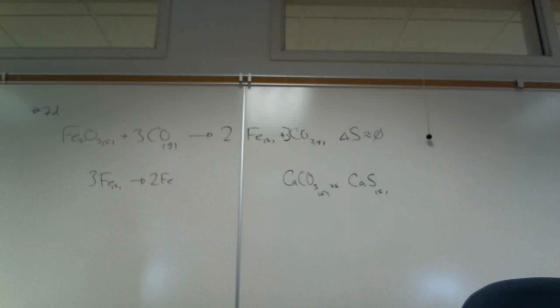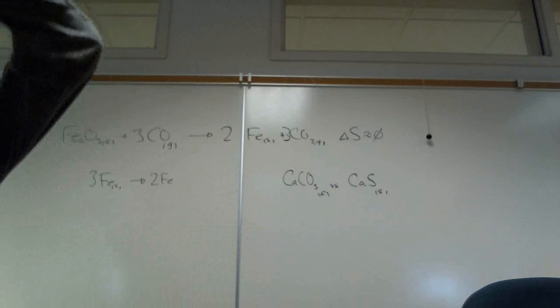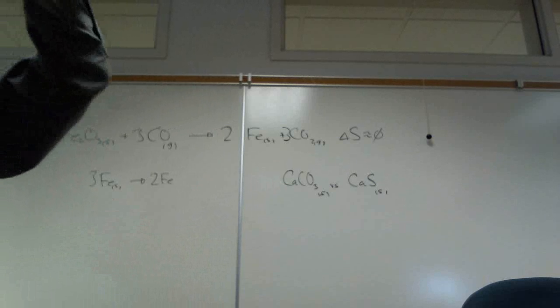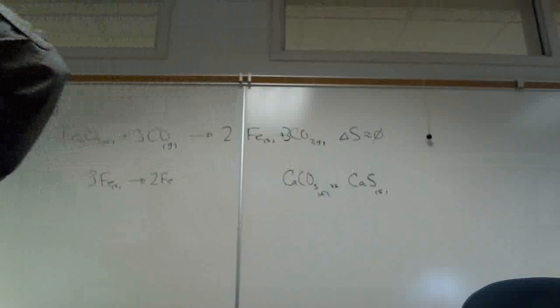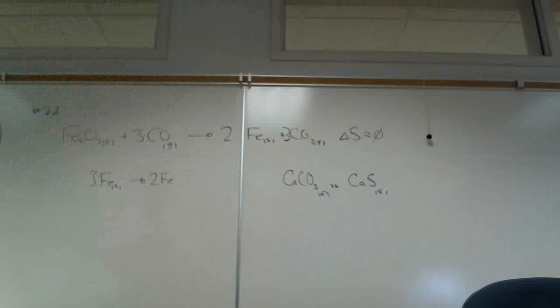Can you repeat positional entropy again? Positional entropy is just how many different positions atoms can occupy in 3-dimensional space. If an atom is vibrating like this, then it can occupy this whole continuum of positions, so it would be higher entropy.